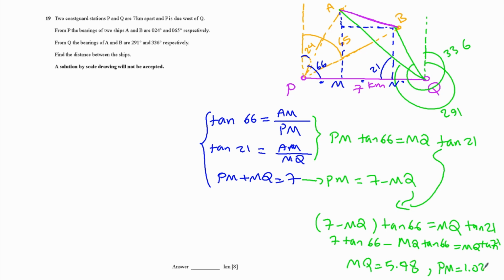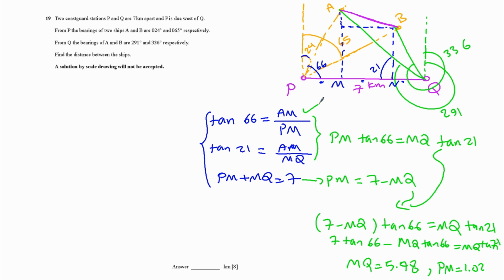I can also find out what is the length of AM, because I can put one of these into the equations at the top and find out what is AM. For example, I know that AM equals PM times tan of 66.